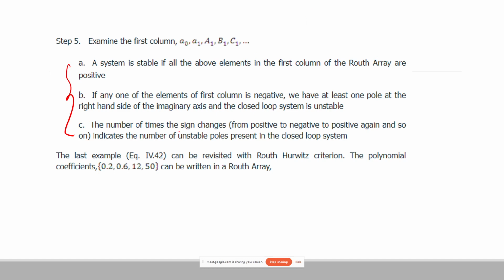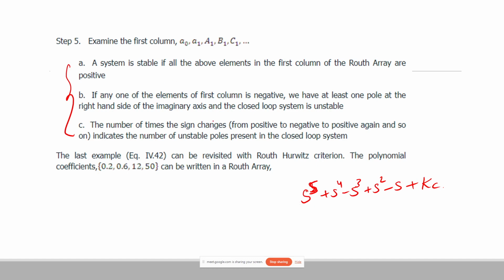Then we are having the number of times the sign changes, that is from positive to negative and to positive again. This indicates the number of unstable poles present in the closed loop system. That is, let's say we are having s raised to 5 plus s raised to 4 minus s cube plus s square minus s plus some constant Kc.